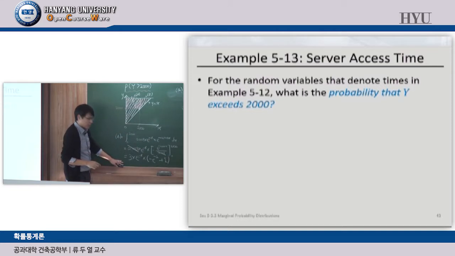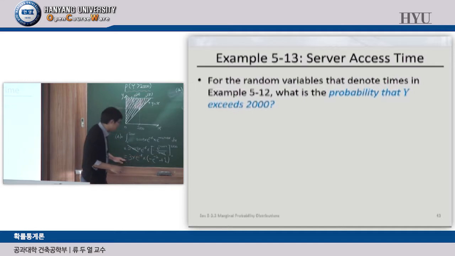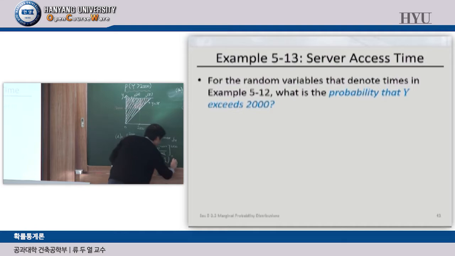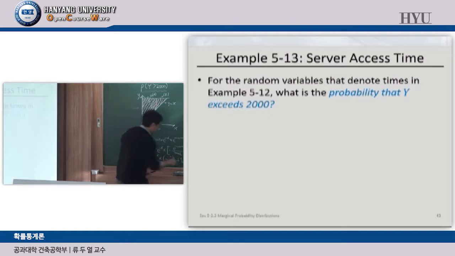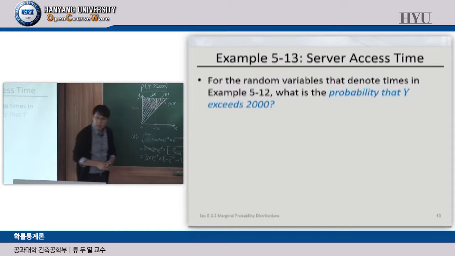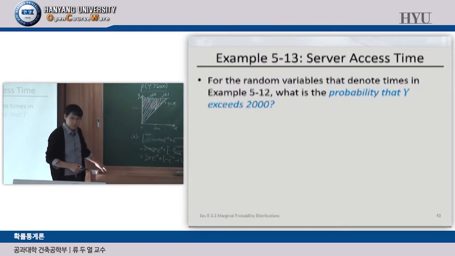So if you solve this equation with a scientific calculator, you are going to obtain 0.0475. Okay?